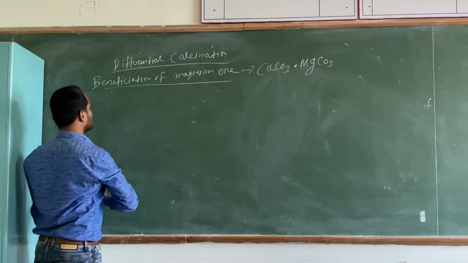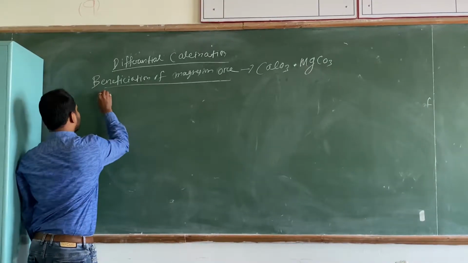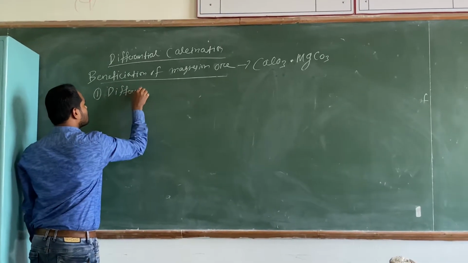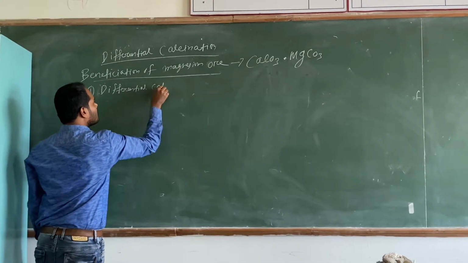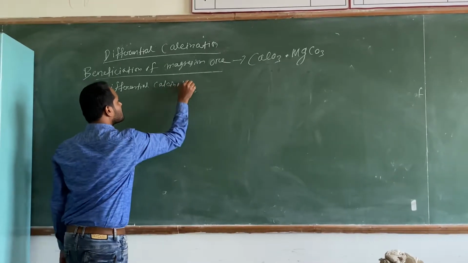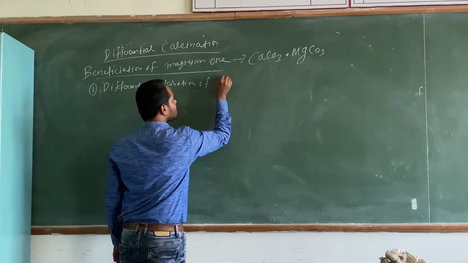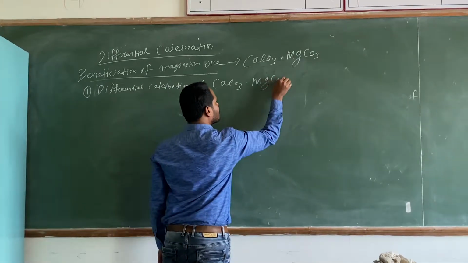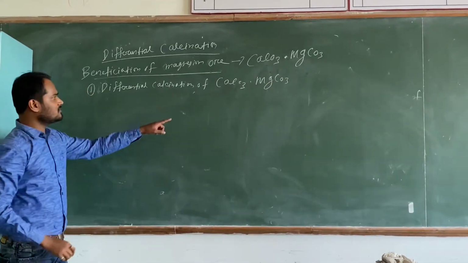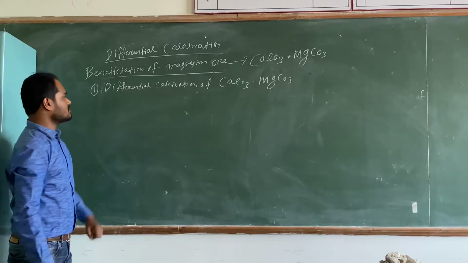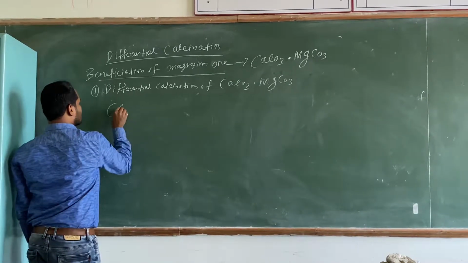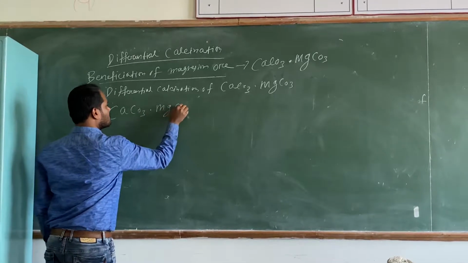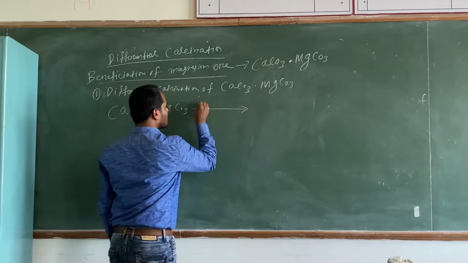So there are two steps. The first step is calcination, differential calcination, of this CaCO3·MgCO3. So what exactly does it mean? Suppose I do complete calcination.